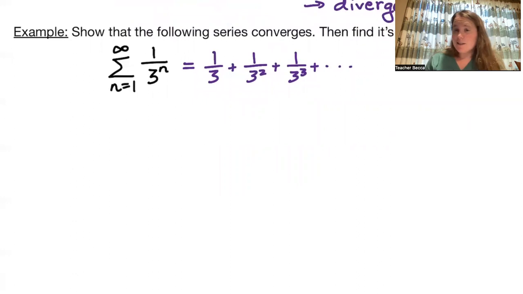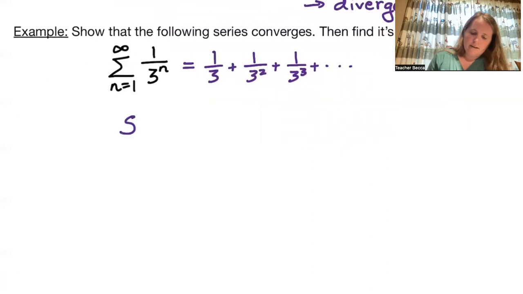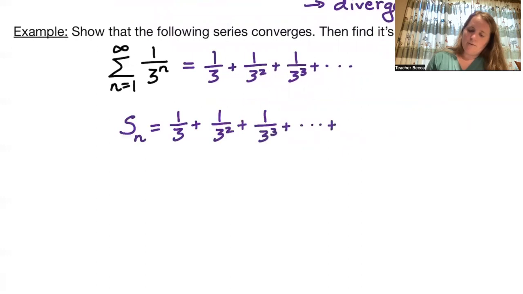This is not so obvious. We're adding smaller and smaller and smaller numbers. It may converge, it may not. But if we actually look at S sub n, it would be 1/3 plus 1/3 squared plus 1/3 cubed plus all the way up to 1/3 to the n.